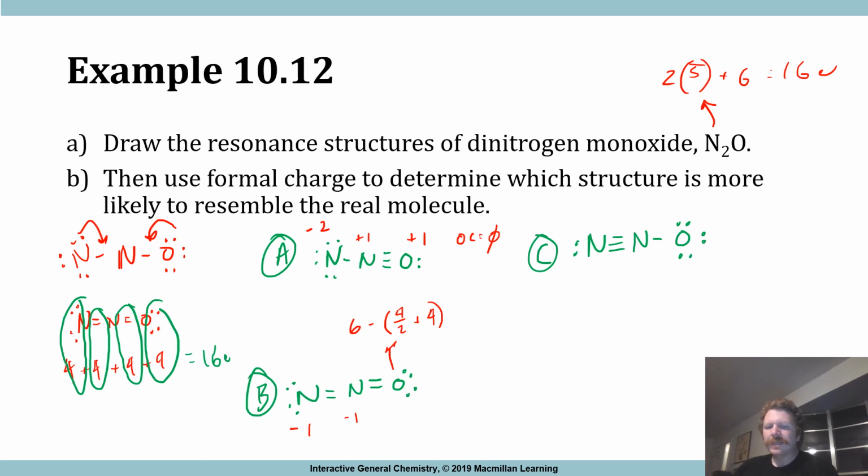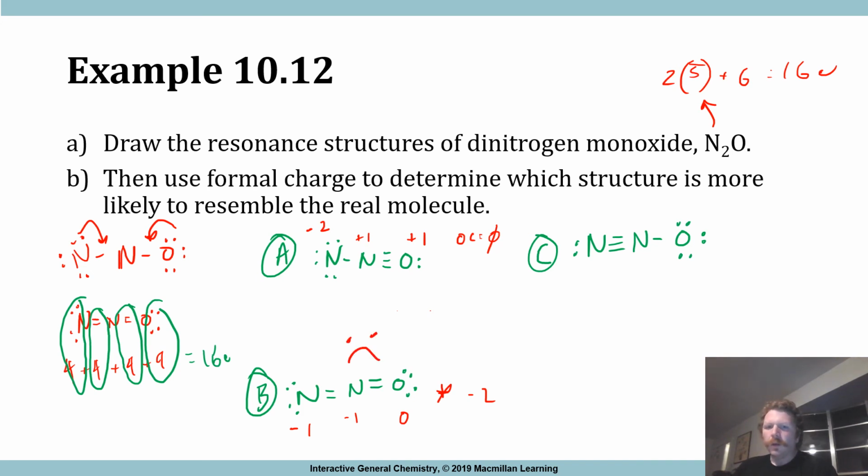So 6 minus 6 is 0. And so that would mean that this molecule right here, although it has lower charges, has a -2 overall charge, which is not what our molecule has. Our molecule has an overall charge of 0. So I'm going to go ahead, I can look at that model B and I can put a frowny face.